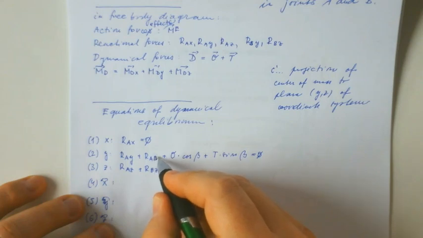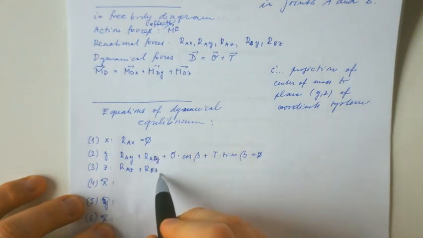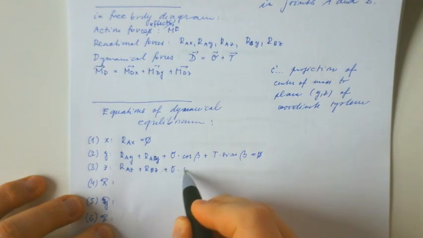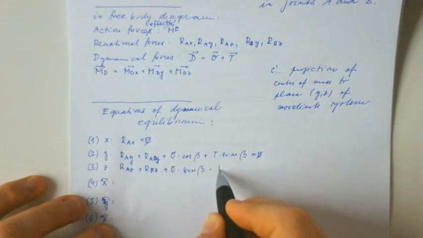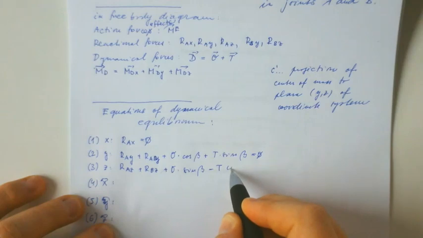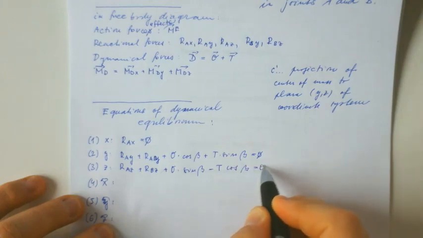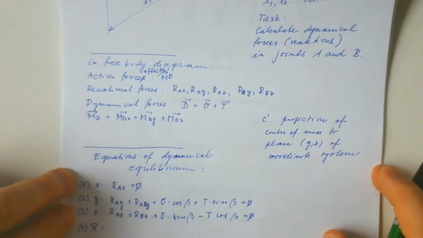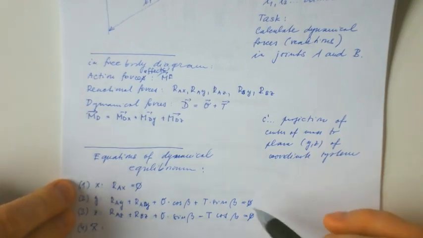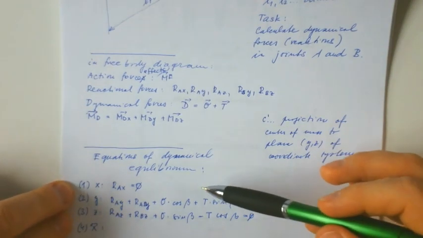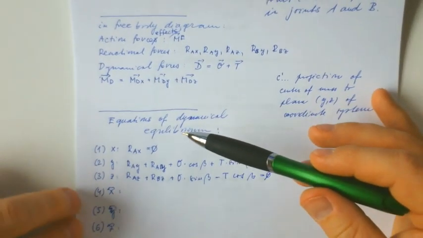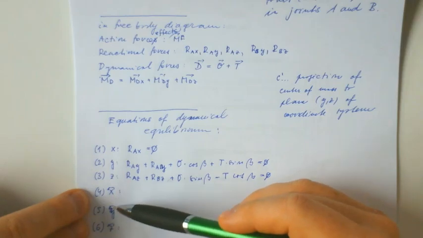There should be Y. Plus O by sine beta minus T cosine beta is equal to 0. So three component equations of forces are completed, and now we are going to set up three moment equations.